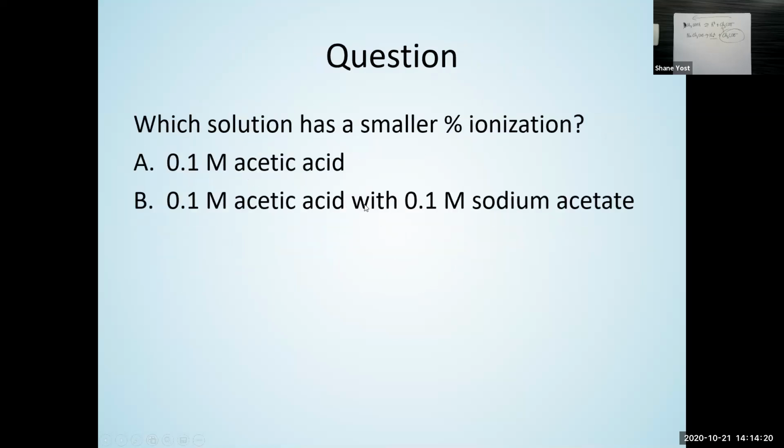And so in those solutions, say 0.1 molar acetic acid versus 0.1 molar acetic acid with 0.1 molar sodium acetate, which solution has a smaller percent ionization of that acetic acid?